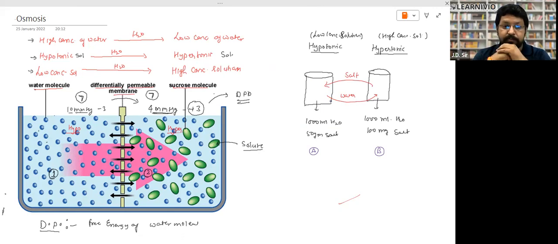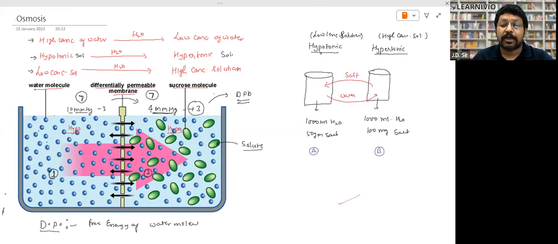And the same way, if I keep a freshwater fish in marine water, the blood of the freshwater fish is hypotonic and the external environment is hypertonic. What will happen?